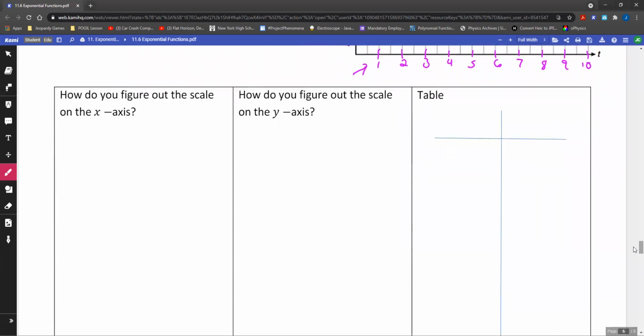So down here it says, how do you figure out the scale? I guess a more appropriate way of doing it, rather than how I did it, was to look on the calculator to see where the graph becomes smaller.